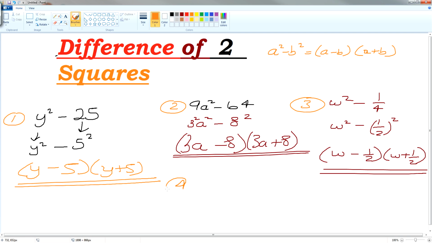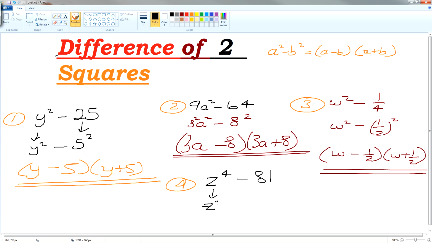Number 4. One more question. Let's try this next one. Now, where's the square number in z to the power 4? Try that one for me. z squared.